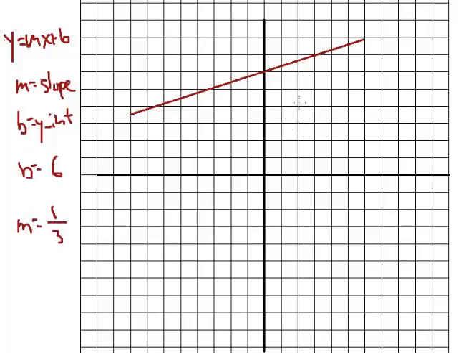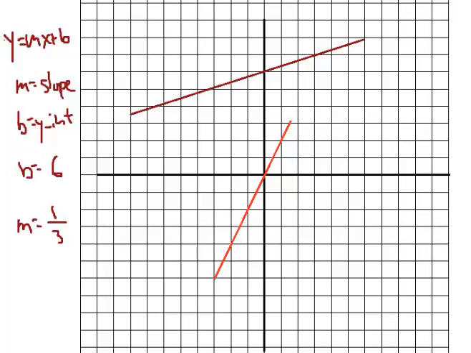Just to give you an idea of what a steeper slope would look like, let's use the line utility again. I'll use a different color. Let's take a line down here, a line like this.